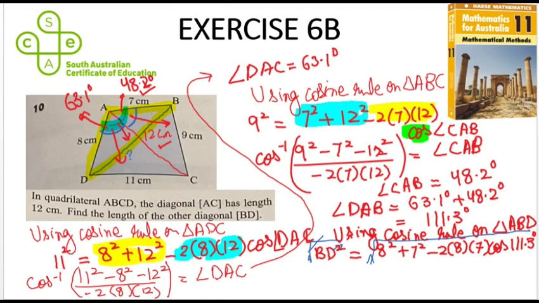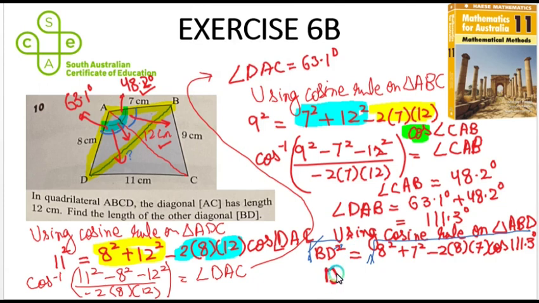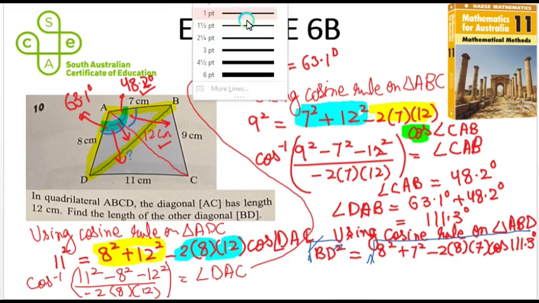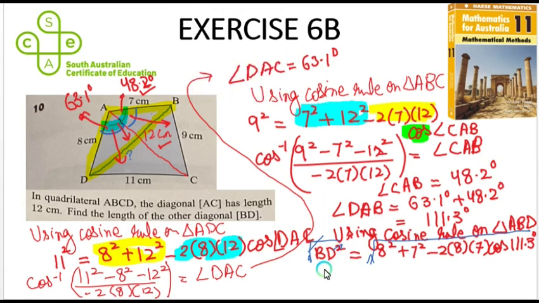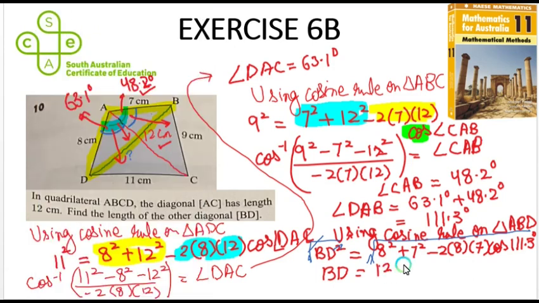So BD is equal to 12.4, in obviously centimeters.